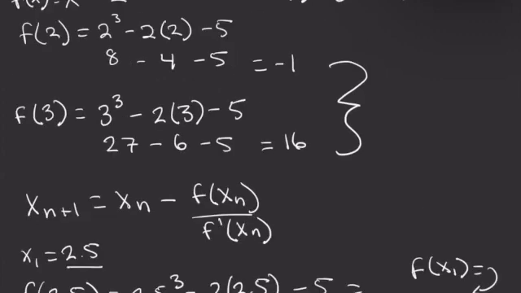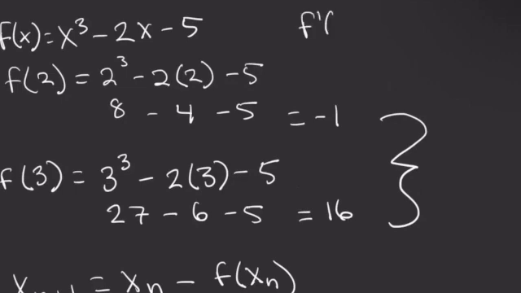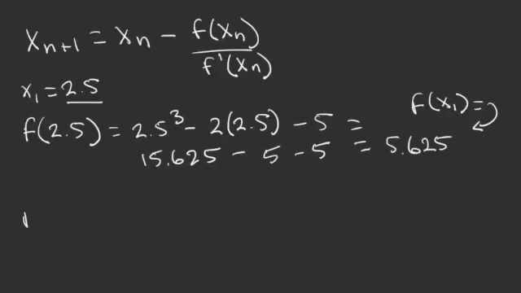Next, we need f prime, so let's scroll back up, take the derivative of our original function, 3x squared minus 2, and now we will plug in 2.5 to this. So we have f prime of 2.5 equals 3 times 2.5 squared minus 2.